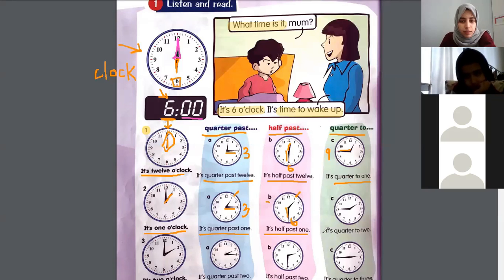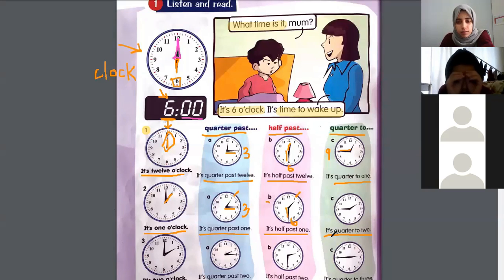Ali, I want you to read the last one here. Read C, please, the one I underlined here.